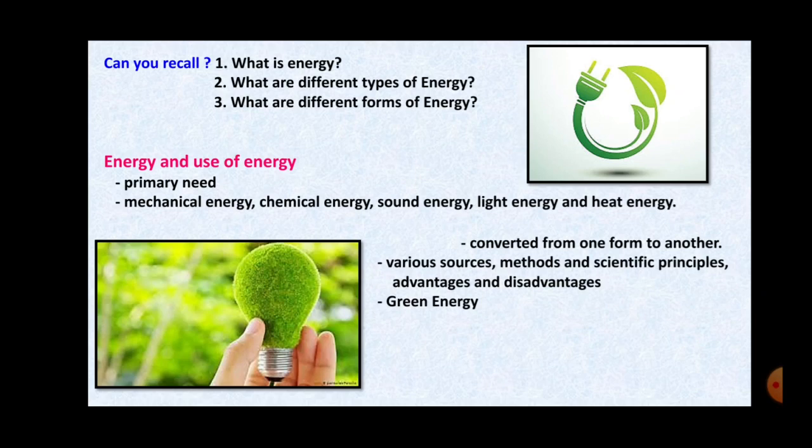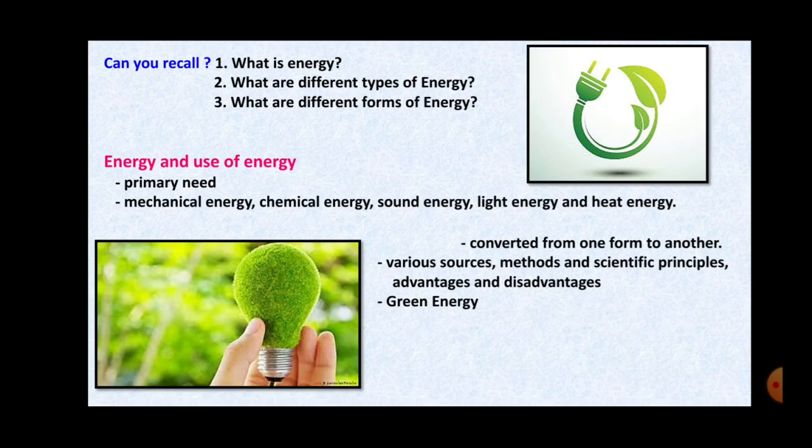Now, in this lesson, we are going to study the various sources which are used to generate electricity, the methods and scientific principles used to generate electric energy, and also the advantages and disadvantages of these methods.